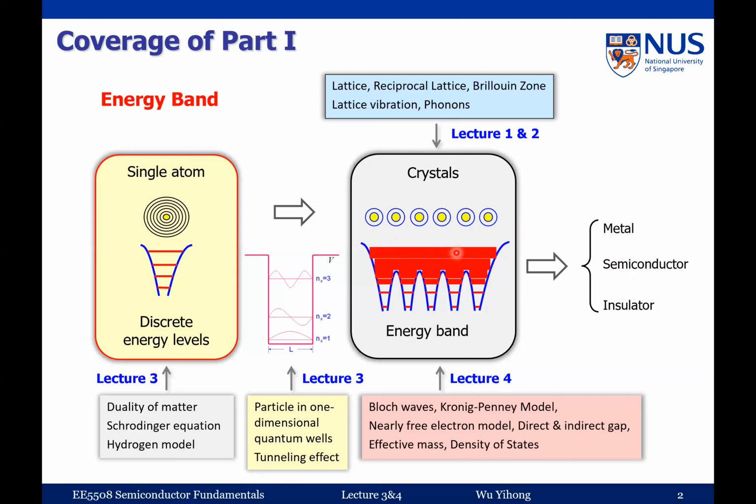This means that in some materials the electron can move relatively freely, and in other materials the electron cannot move. This is what we'll explain in these two lectures, lecture 3 and lecture 4.